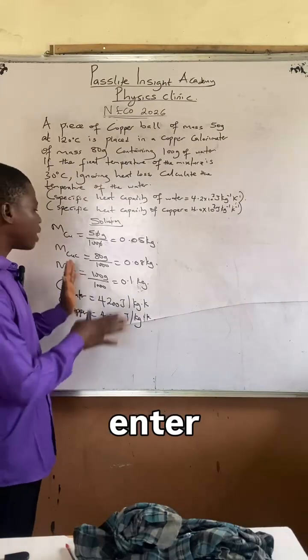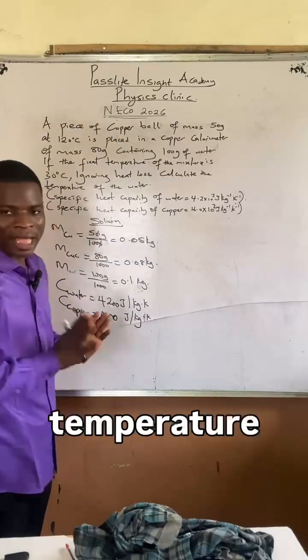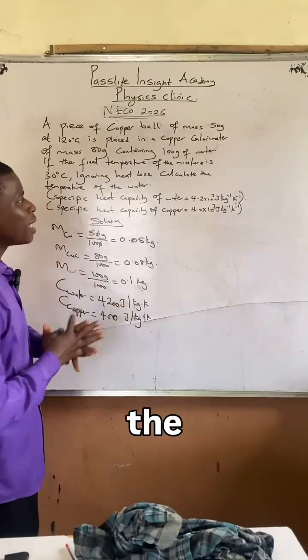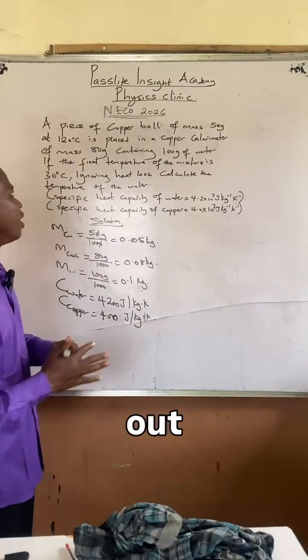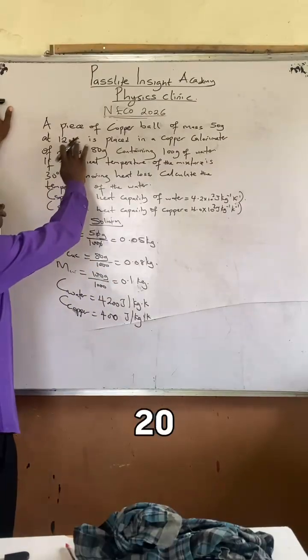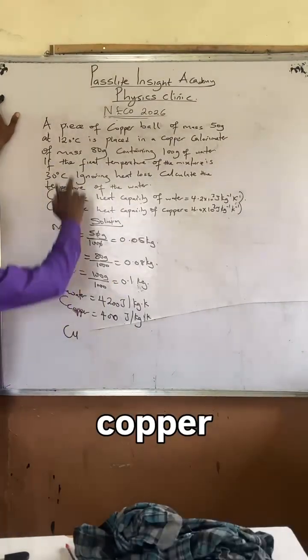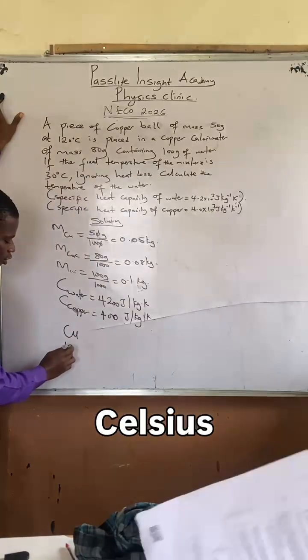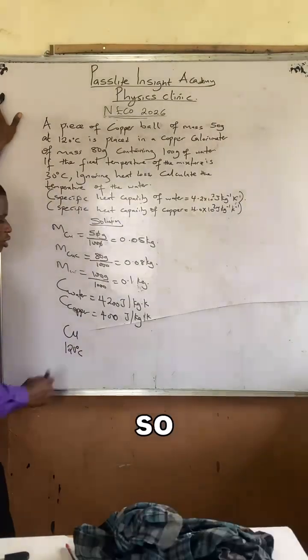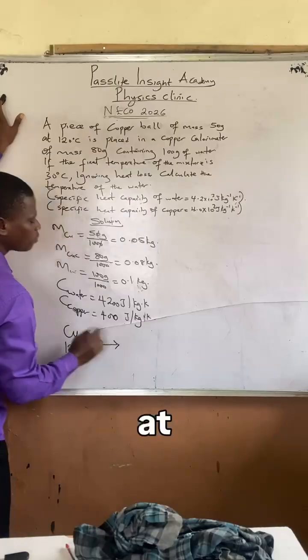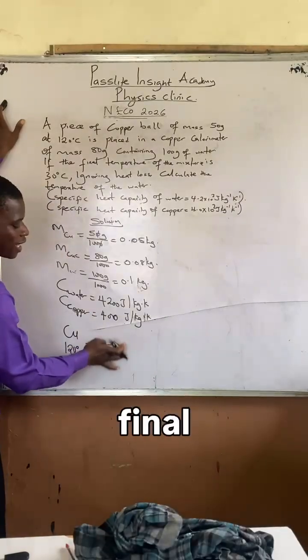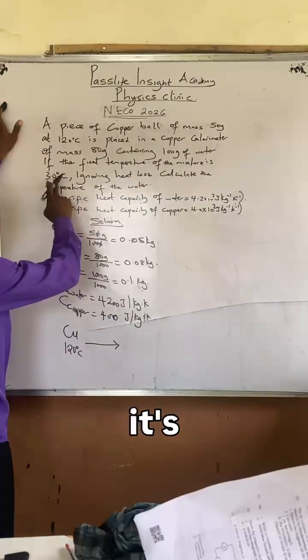So let's go straight to interpreting. You don't need to focus on the temperature; whatever you have, just bring them out. I'm having 120 degrees Celsius for copper. At this middle, we call it the final temperature.